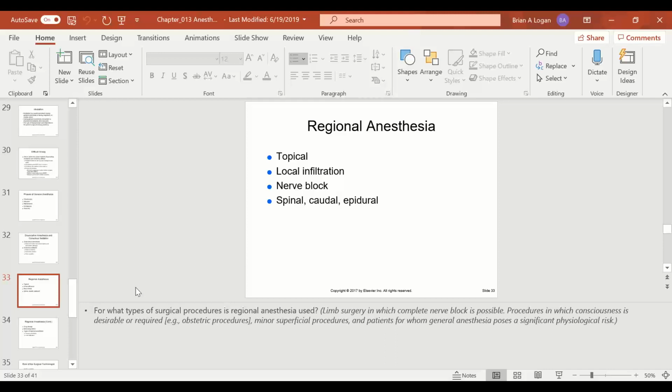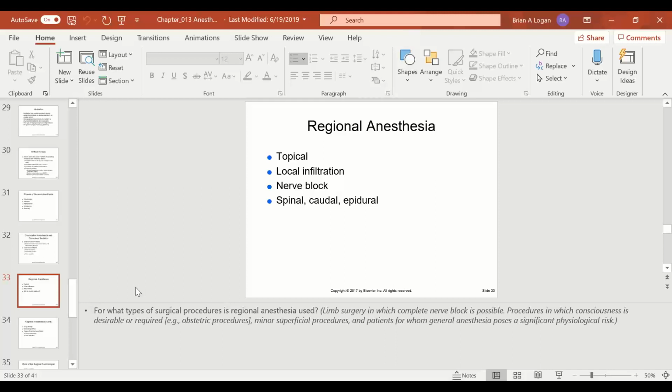It can take away some of that pain and discomfort. But that's typically in conjunction with general anesthesia, because you don't want that patient moving around while they're up in the stirrups.